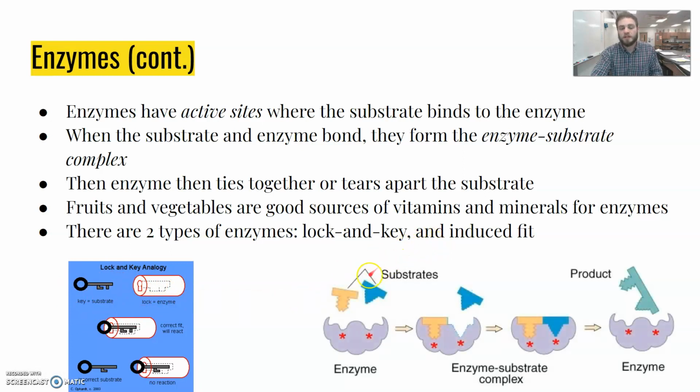In an induced fit enzyme, you're going to have one substrate bind to the enzyme and form that enzyme substrate complex. When the first substrate binds to the enzyme, that is going to induce or force a change in shape in the enzyme that is going to be perfectly ready for the second substrate. And then that chemical reaction can take place and the product can be spit out. So that is the lock and key and induced fit enzyme.